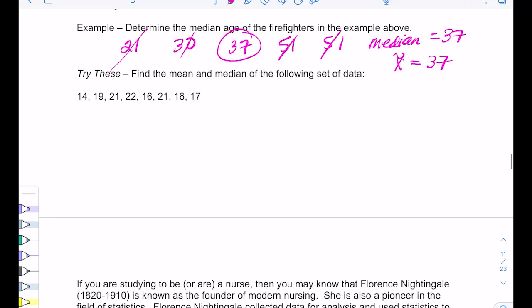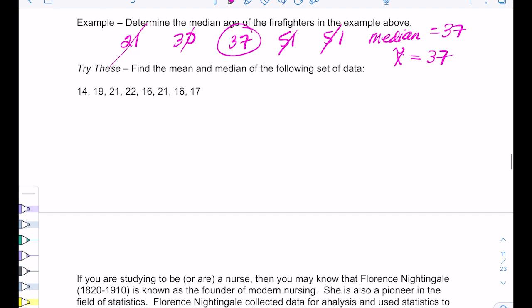So try pausing the video, see if you can find the mean and median for the following set of numbers, and then unpause when you're ready to go over it. So first I'm going to find the mean. Remember, this is my sample mean. To find the mean, I'm going to take all my numbers, add them, and divide by the number of numbers. So here I'm going to add all those numbers.